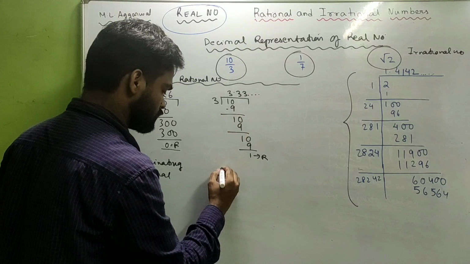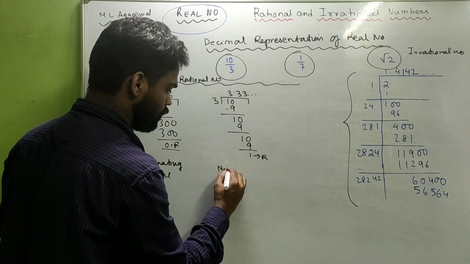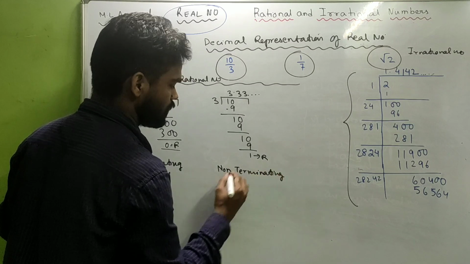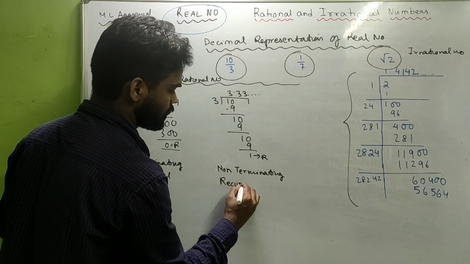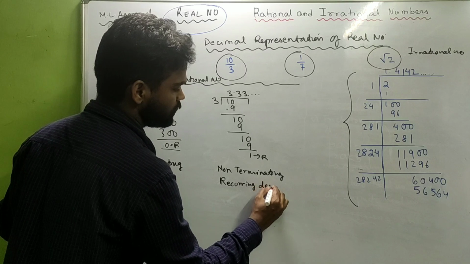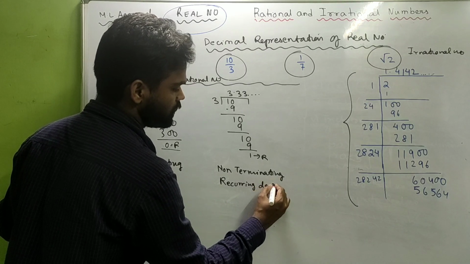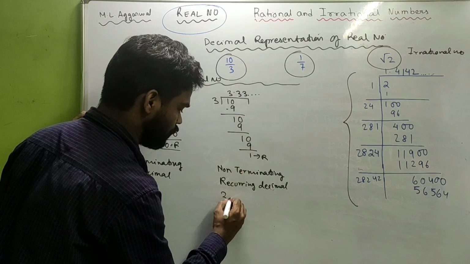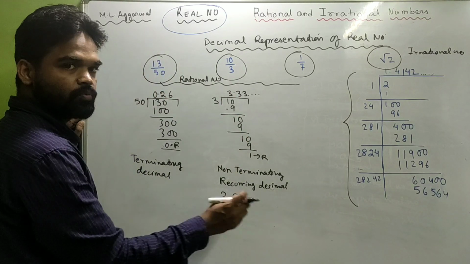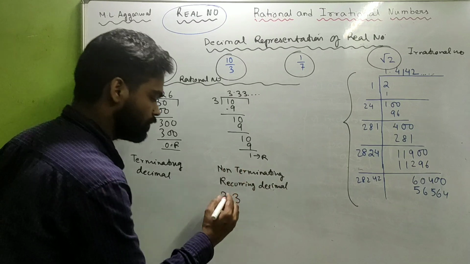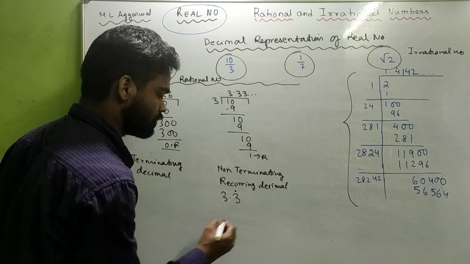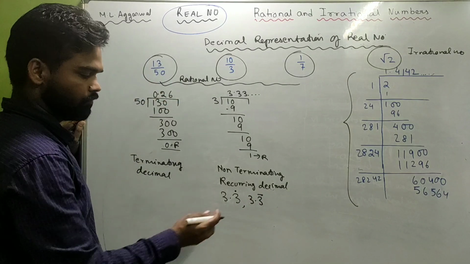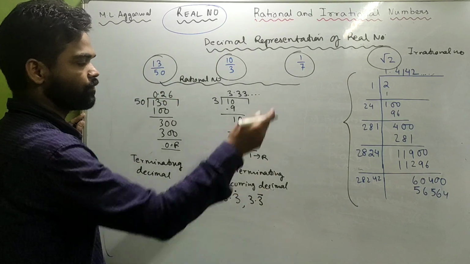So this is a non-terminating but recurring decimal. We can write 10 by 3 as 3.3 with a dot, or a bar, over it, which means this 3 is repeated.